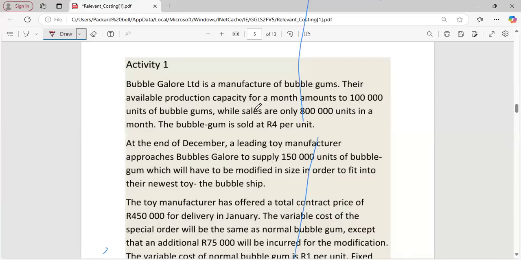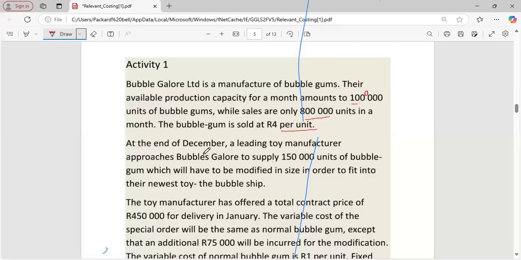Their available production capacity for a month amounts to, I remember I said this must be 1 million units of bubble gum, while sales are only 800,000 units in a month. The bubble gum is sold at 4 rand per unit.